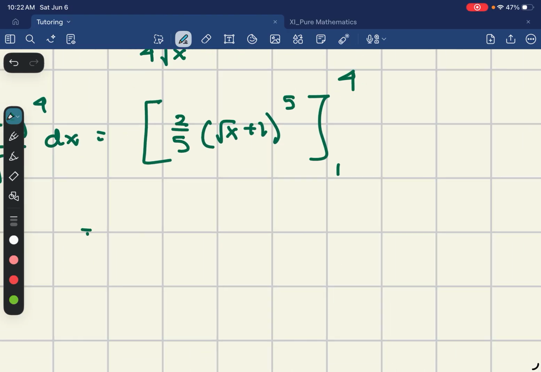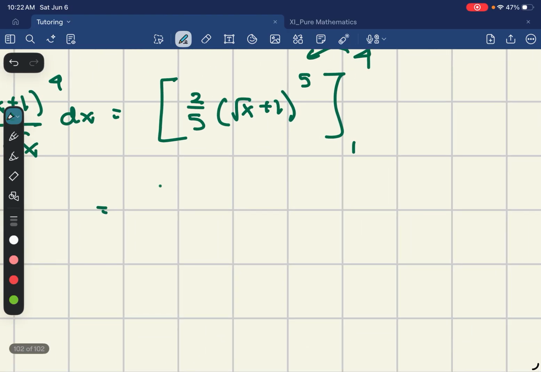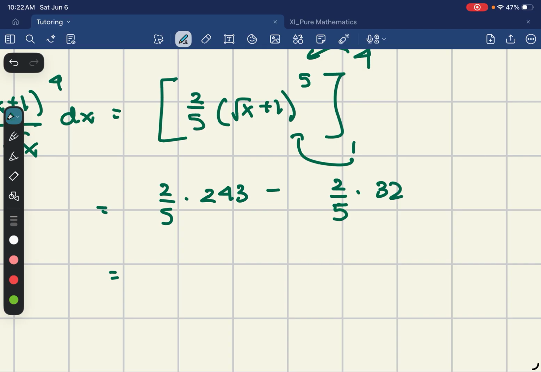So substitute 4 in. You get 2 over 5 times 3 to the power 5, right? So you get 2 over 5 times 243, minus, you substitute 1 here, 2 over 5 times 32. So you have 2 over 5 times (243 minus 32).